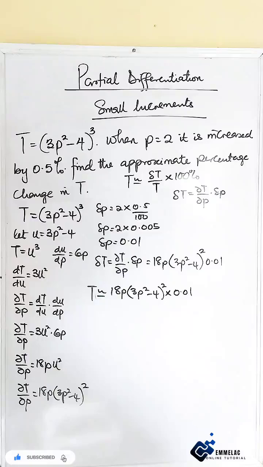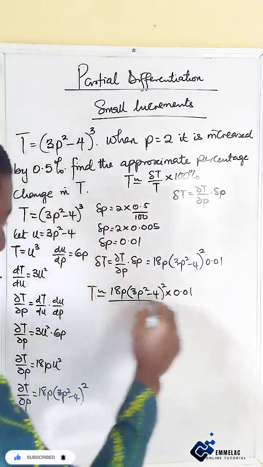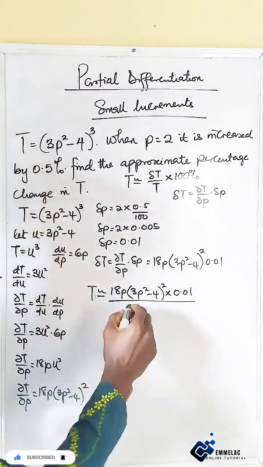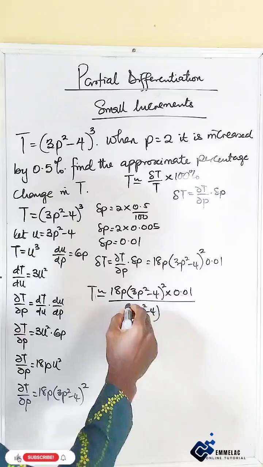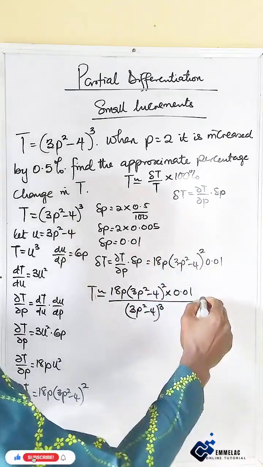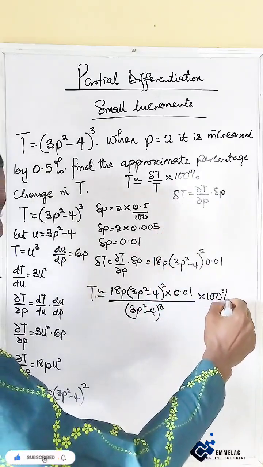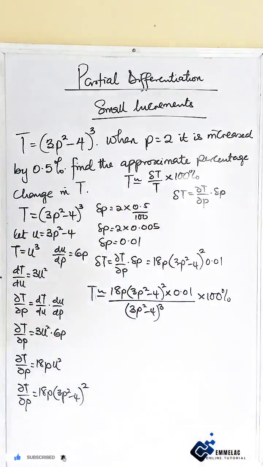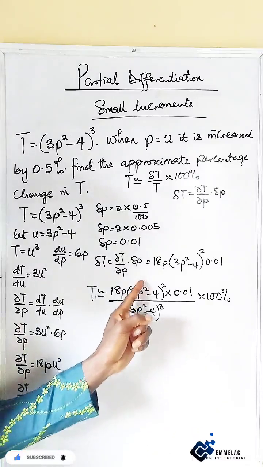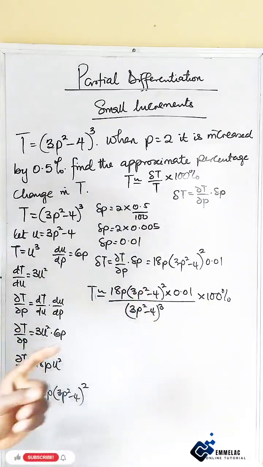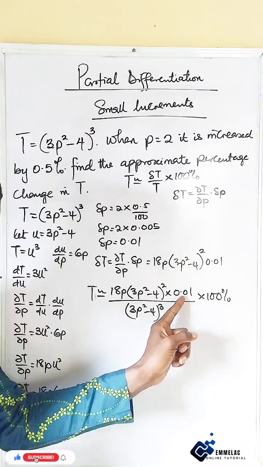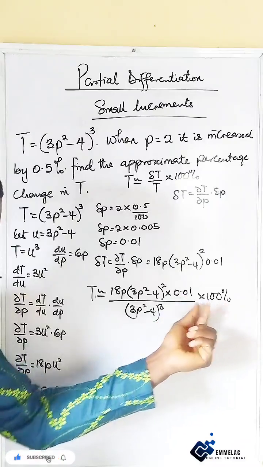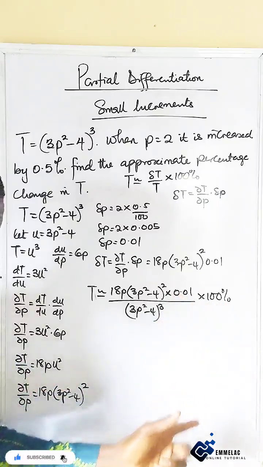All over t. Our t here is (3p² − 4) all raised to the power of 3, then times 100%. Now looking at this, you can see that we have a common factor in the numerator and the denominator. 100 times 0.01 should give us 1 already.